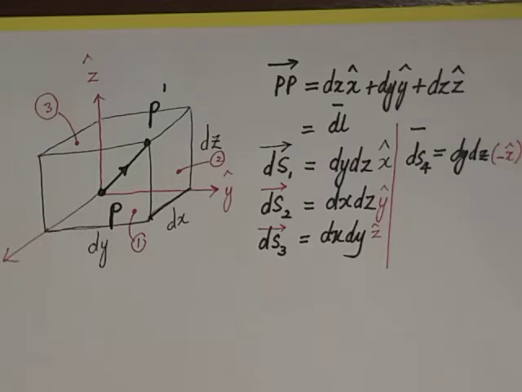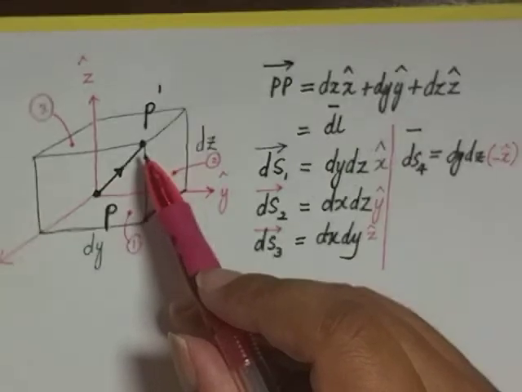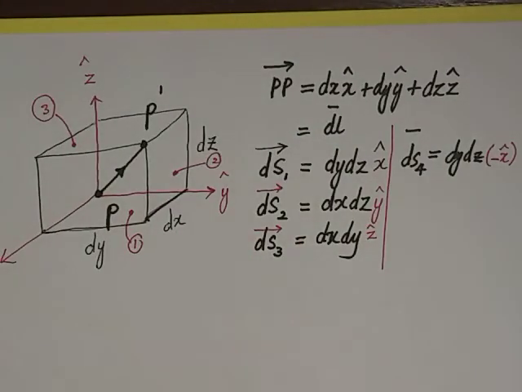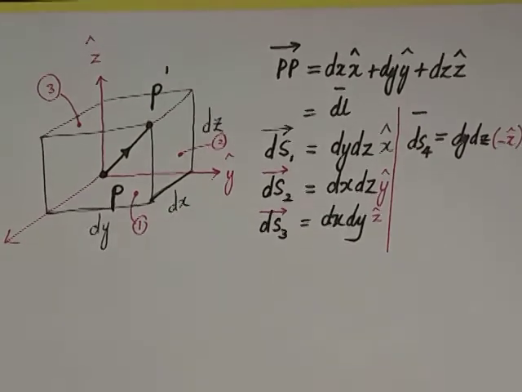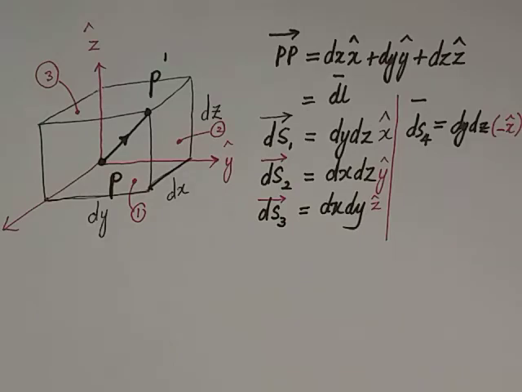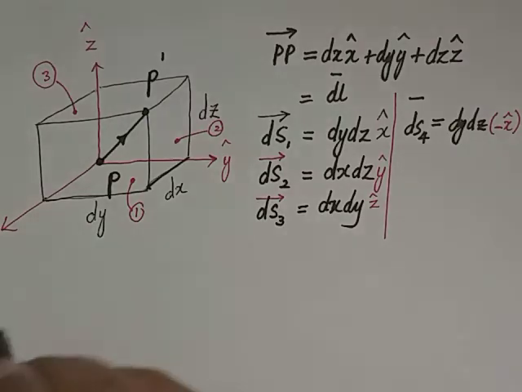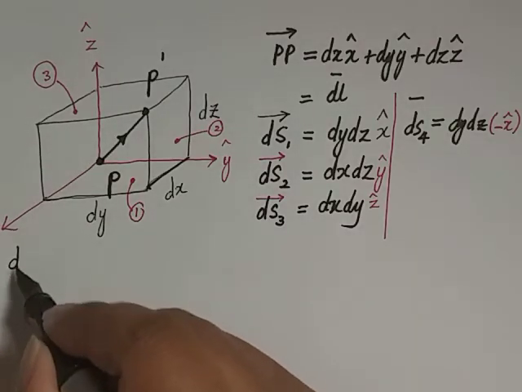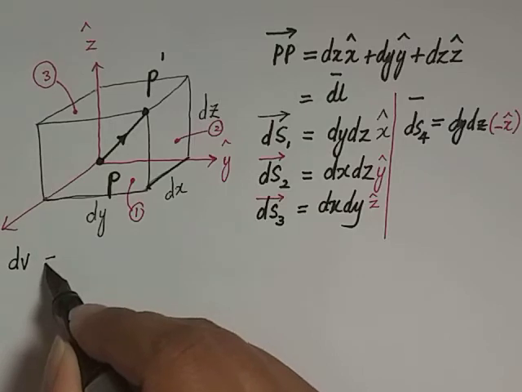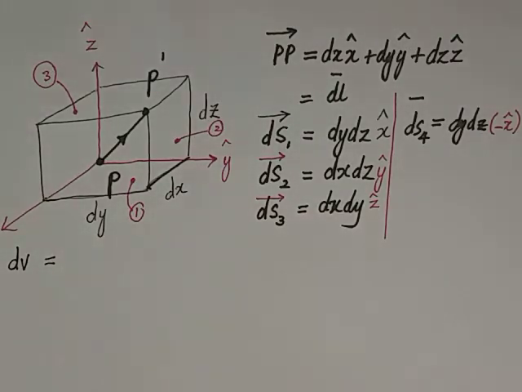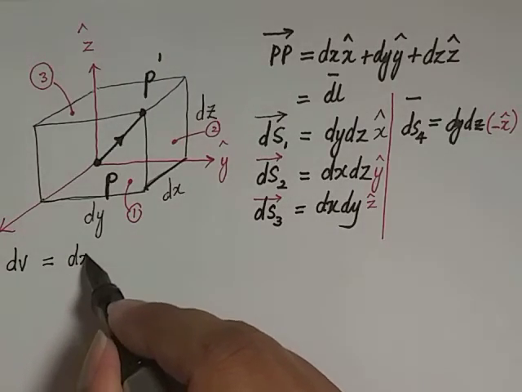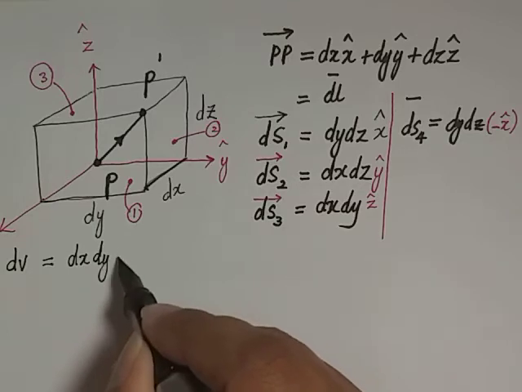Okay, that should be the second parameter affected when the point P shifted to P prime. So I'm going to go now to the third parameter that we discussed earlier, which is the volume. In other words, what should be the volume of the box here? Okay, so based on the simple mathematics we learned in high school, the small change of volume for this box should be equal to dx multiplied with dy multiplied with dz.